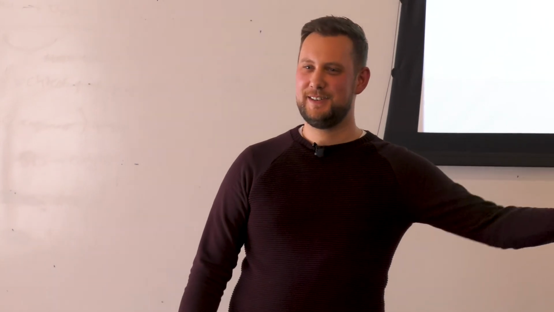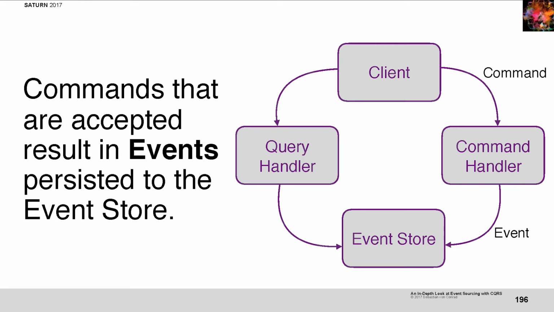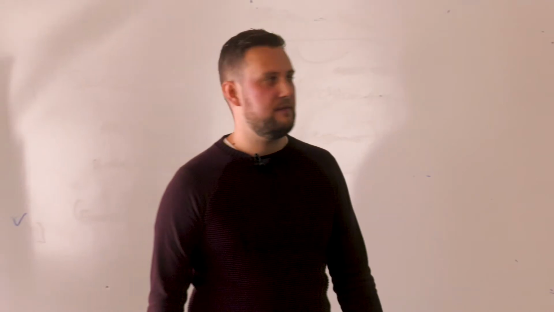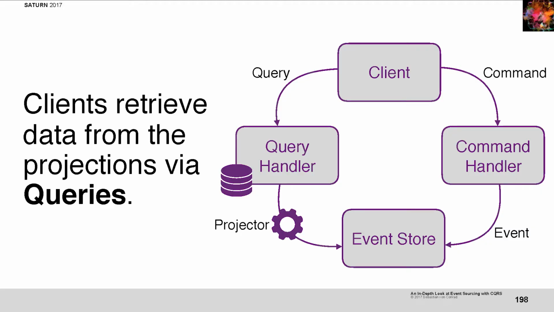Clients express their intents through commands, which, if they're accepted, result in events. Projectors living in the query handler side of things process the event stream and build up projections. And then the clients retrieve data from the projections via queries.